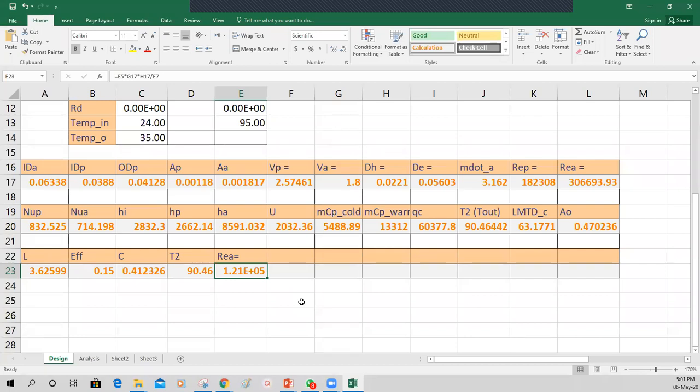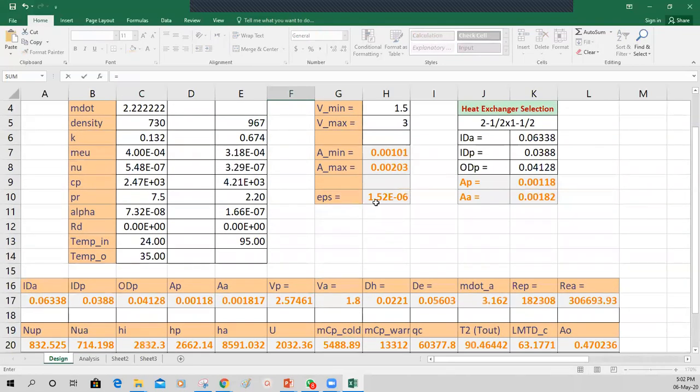Now we need to calculate epsilon over D for both cases, right? Epsilon over IDP, and then epsilon over Dh, the hydraulic diameter. How much is this?